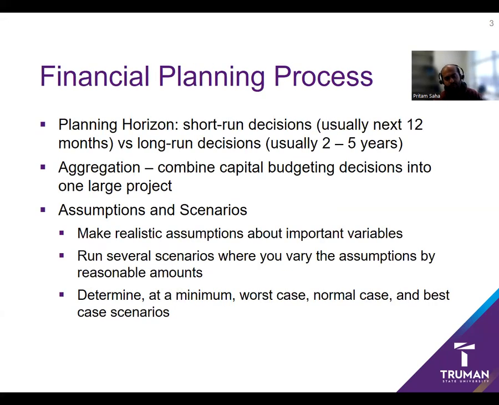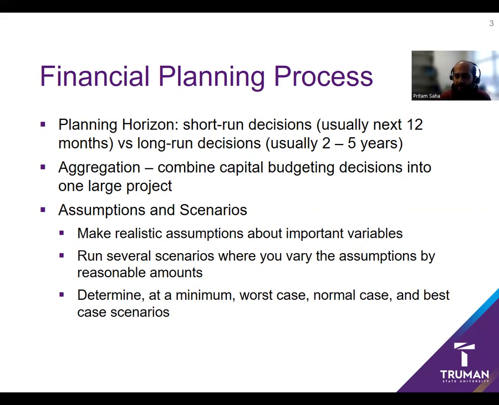There are some more things we need to know about financial planning, because when you run any business, there are some projects that are long run and some things that are short run. Short run usually means less than 12 months. Long run usually means more than 1 year, up to 5 years. We have to keep our short-run and long-run decisions separate.